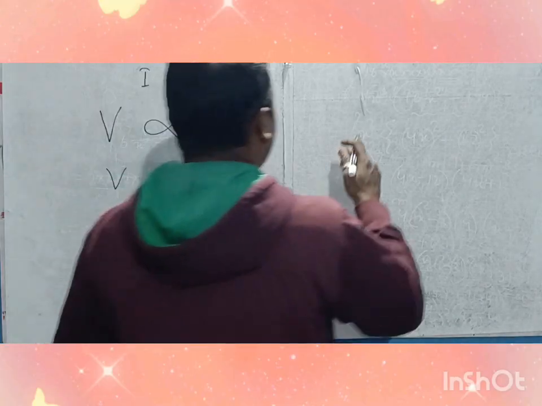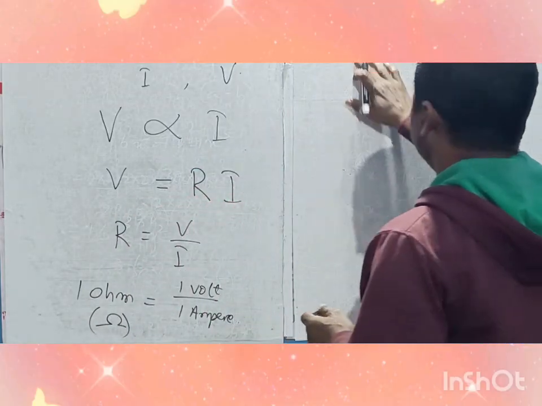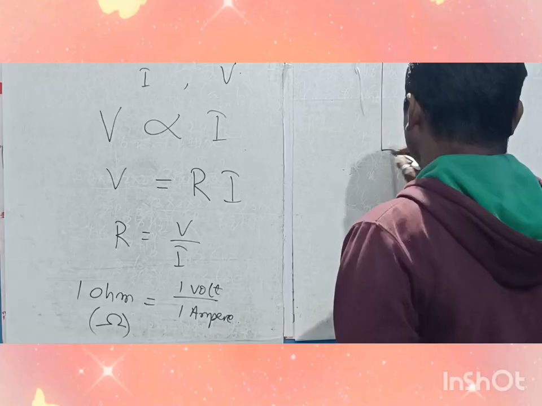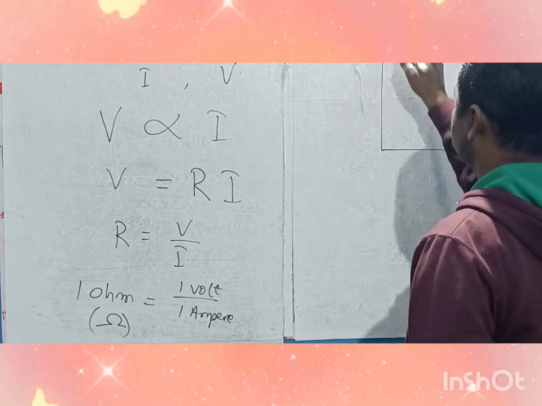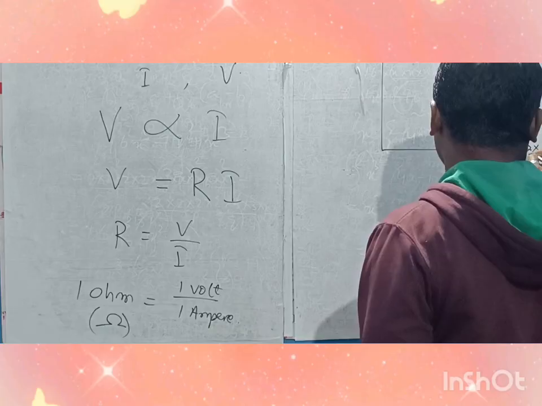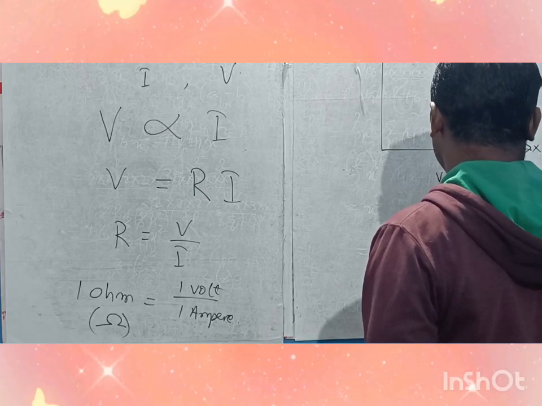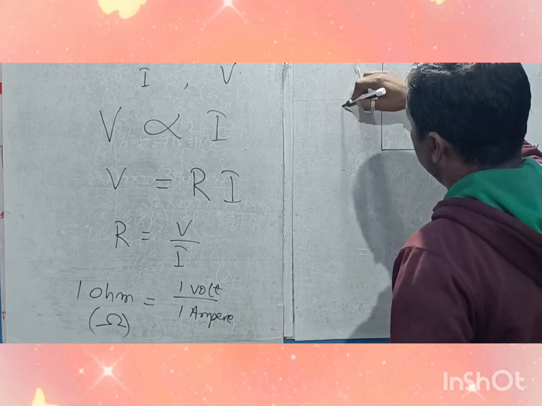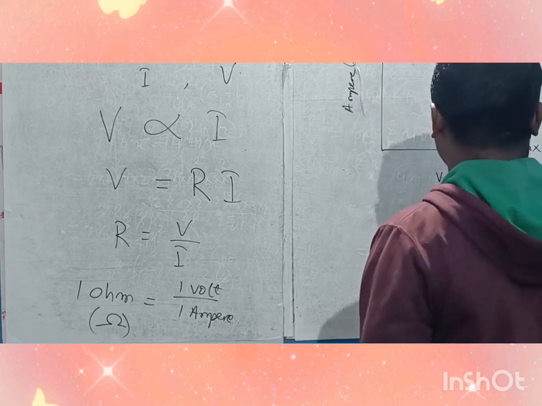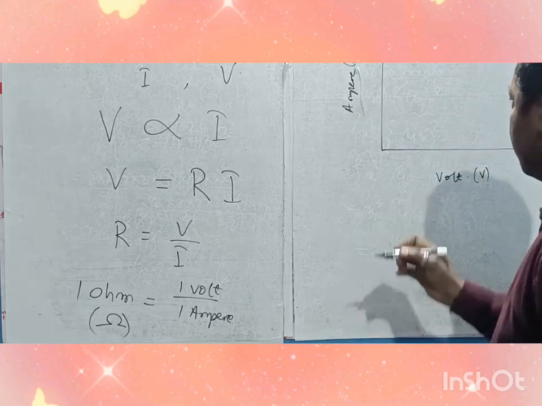So, if you explain the Ohm's law, you have to go through certain diagrams also. So, I am taking in the x-axis volt and y-axis ampere. Ampere means I and volt means V. This is the origin.